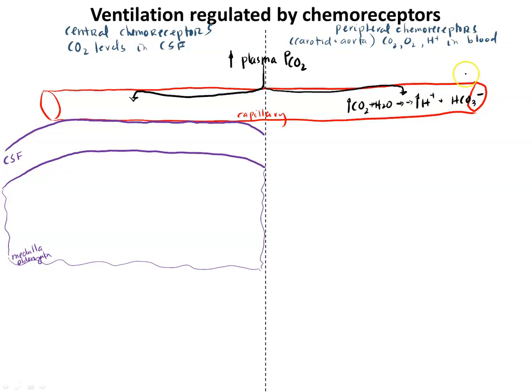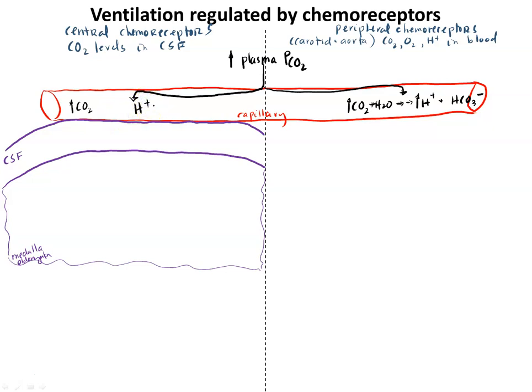The CO2 and the hydrogen are going to be floating around in the body. So as CO2 levels enter the capillary or the bloodstream that's entering the brain, this is what's going to happen.